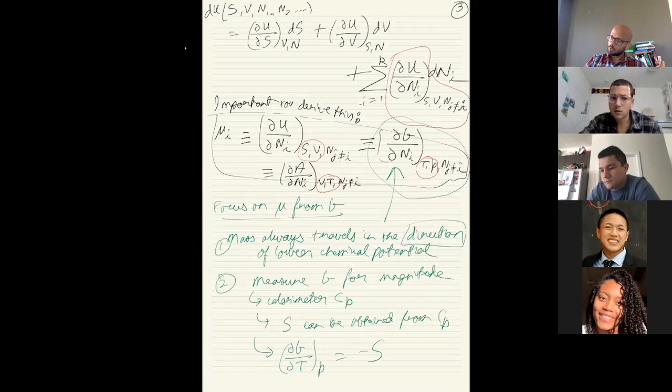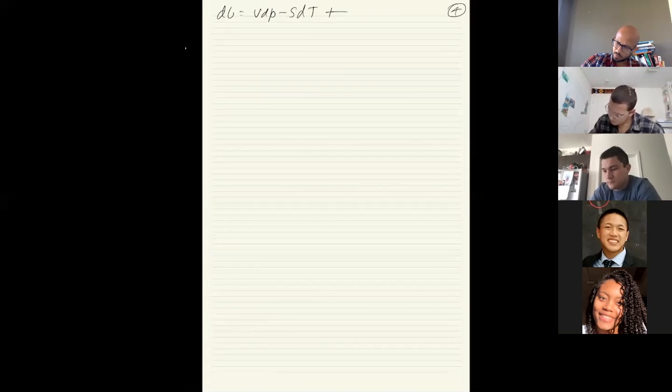Okay, good. So this is our definition of chemical equilibrium. Let's focus on mu from G. So we wrote down dG is equal to VdP minus SdT plus summation i equals 1 to K of mu_i dN_i.